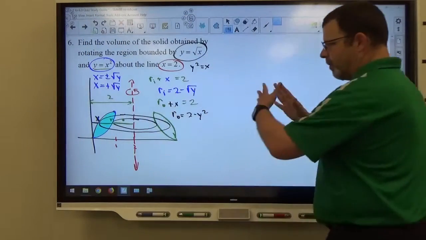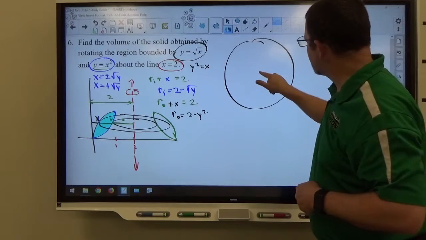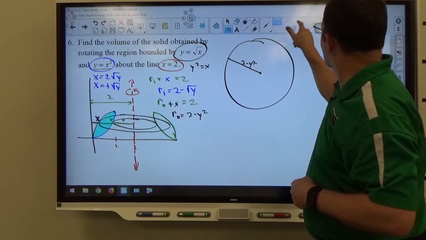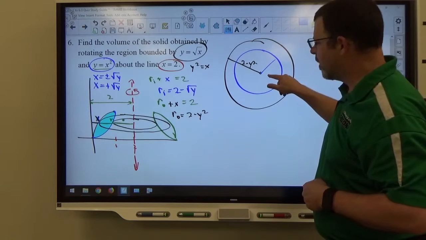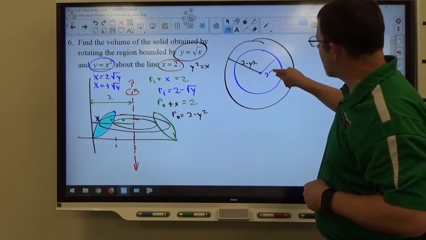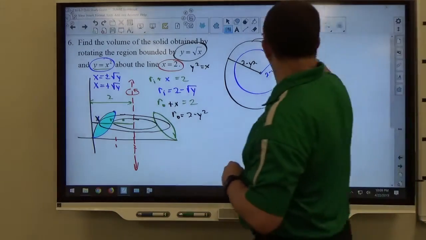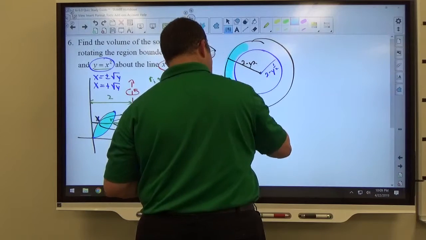So if I draw a picture of that cross section, it looks like this. I've got a black circle, outer radius of 2 minus y squared. I've got an inner circle, blue circle, that has a radius of 2 minus the square root of y, which again we like y to the half power. And my shaded in portion is in between these two circles.